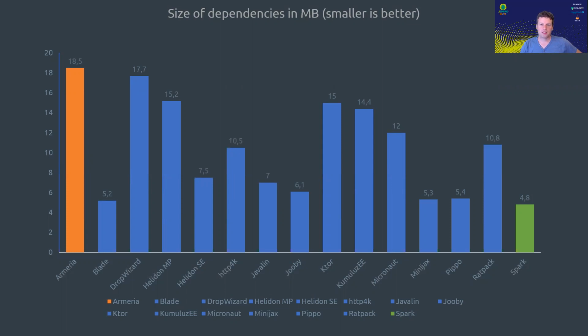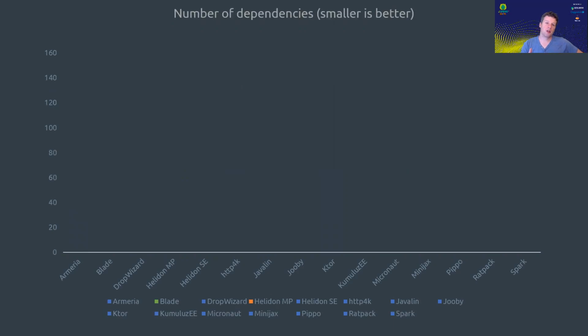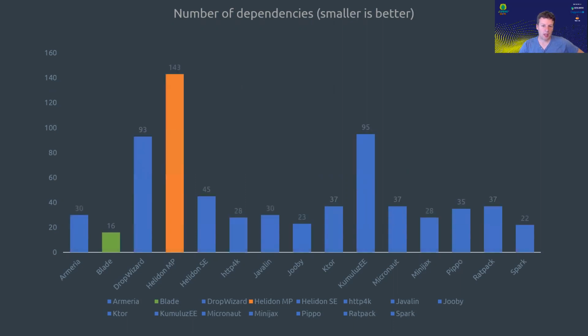Now, the size of the dependencies is interesting for deployment reasons, but the number of dependencies is also pretty interesting, because the fewer dependencies, the better, I would say, because you have fewer things that you have to keep an eye on for updating, for security reasons. And that paints quite a different picture. You see here, Helidon microprofile is the clear winner, or should I say loser here, with 143.